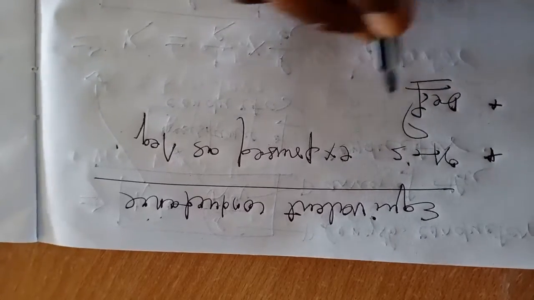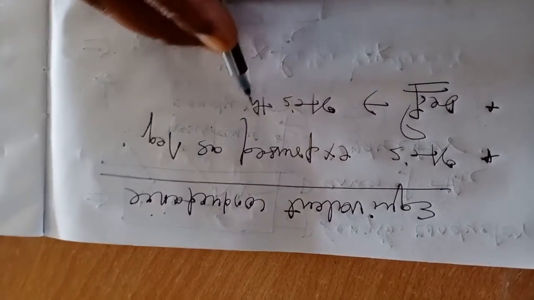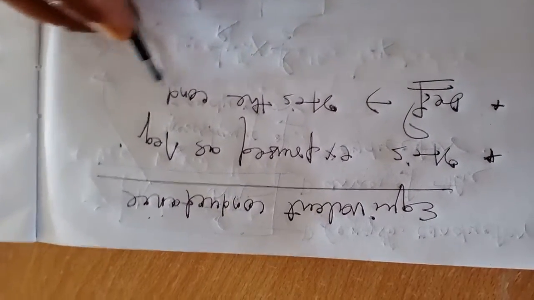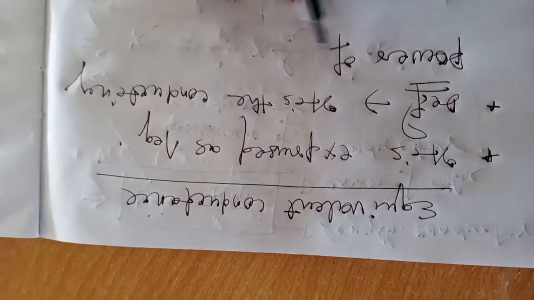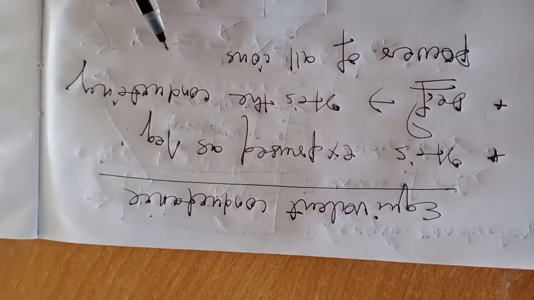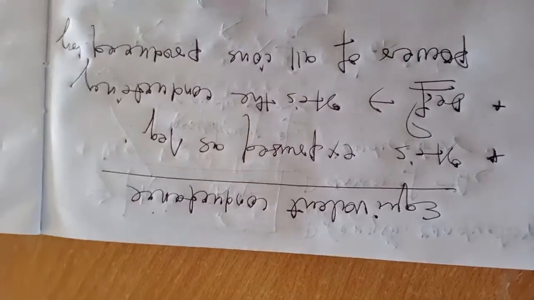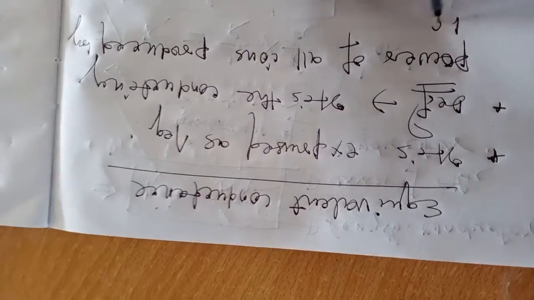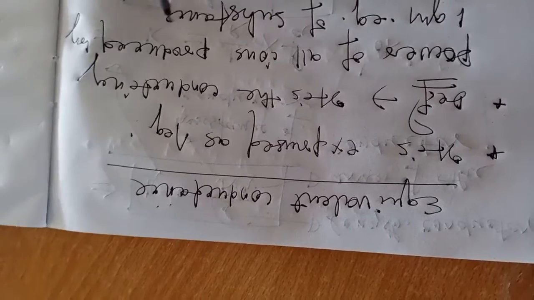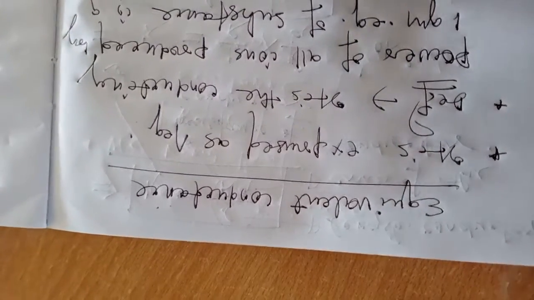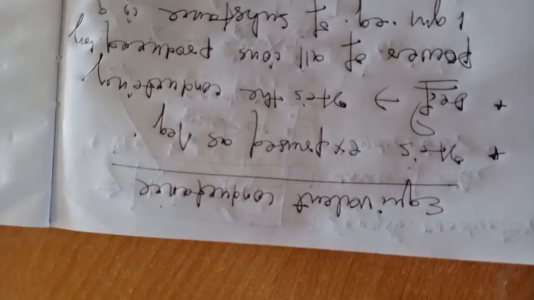In case of the definition, it is the conducting power of all ions produced by 1 gram equivalent of substance in a given volume of solution.